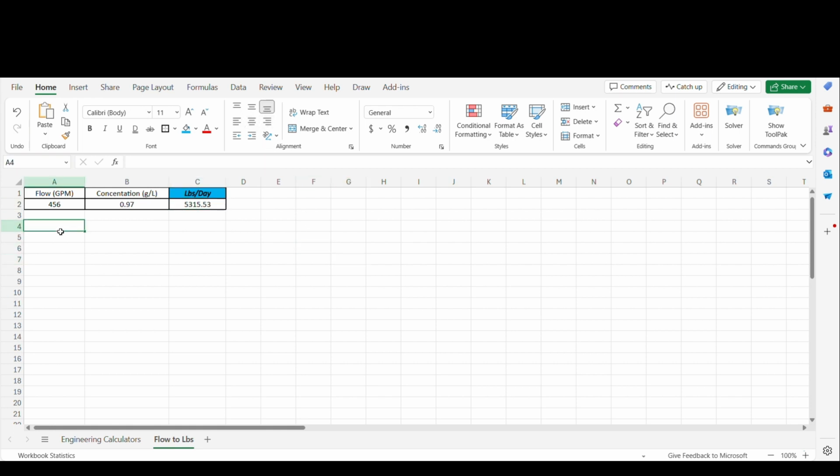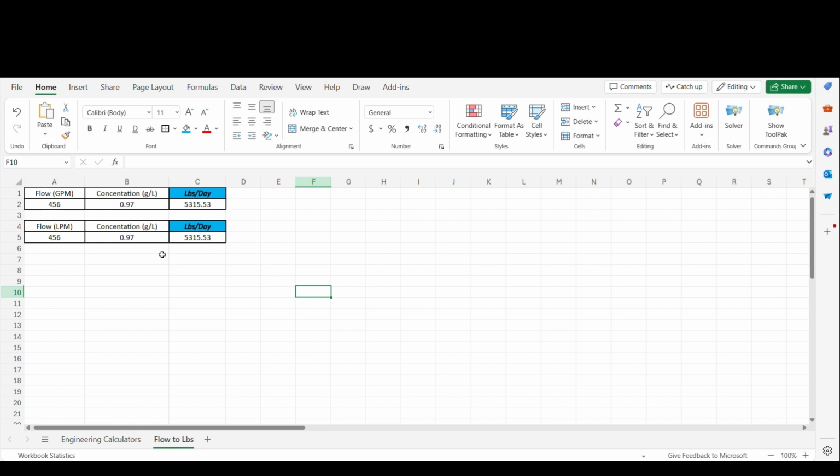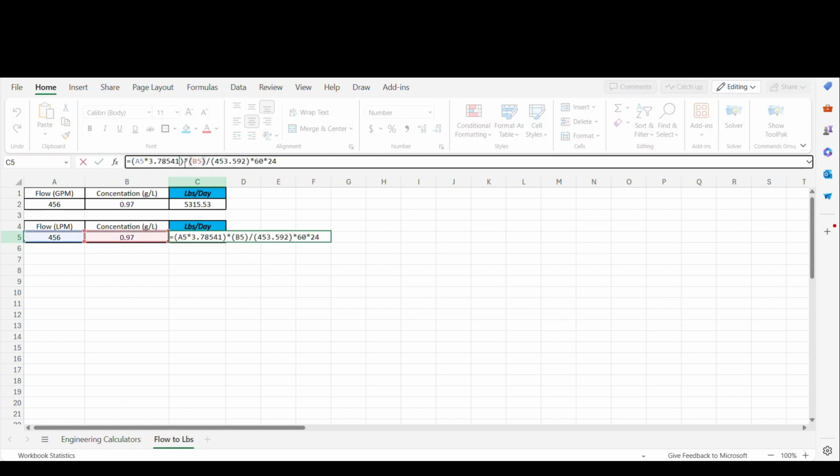Now, if you worked at a place that had something similar, but your flow was in liters per minute, you would take out the conversion of gallons to liters. You would just have this.